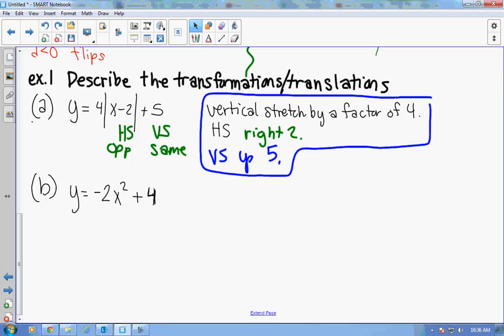You should be describing what A does, what H does, and what K does on your paper. So far, all right? What does A do? What does H do? What does K do?